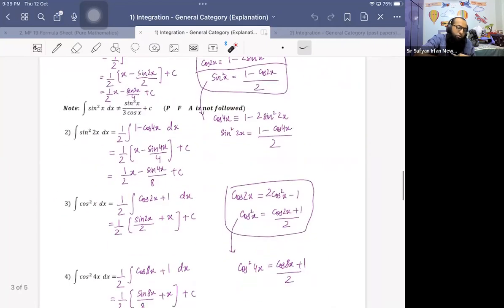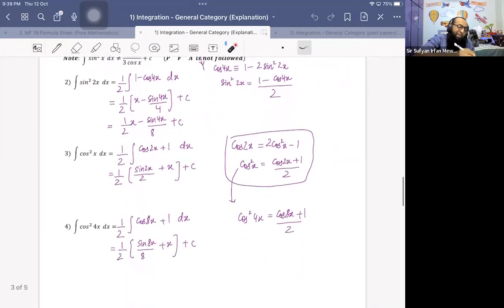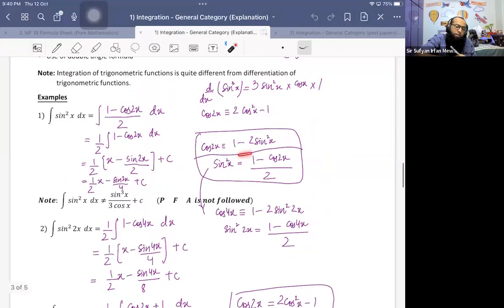Then if we deal with cos square x, I will give you time to copy, don't worry. Again, if it's a matter of cos square, I've already suggested whether it's sine square or cos square, you have to use the double angle formula of cos. So if it's cos square x or cos square 4x, you will use the double angle formula of cos. And the version will change. Previously, it was cos 2x equals 1 minus 2 sine square x.